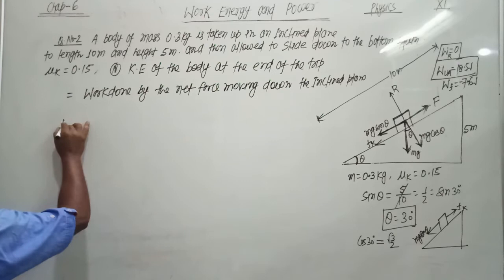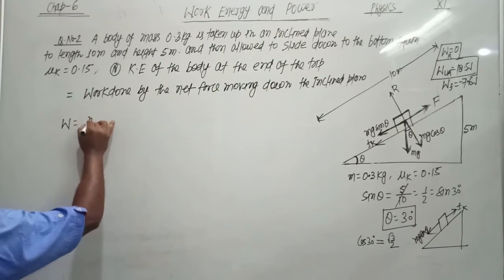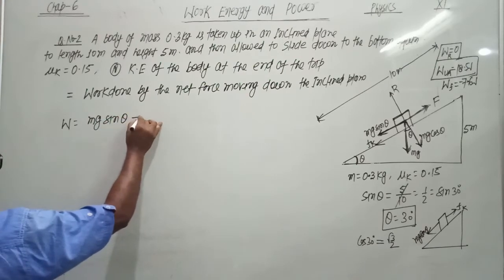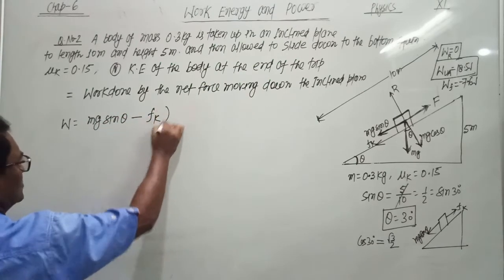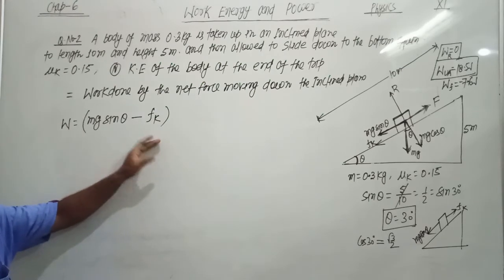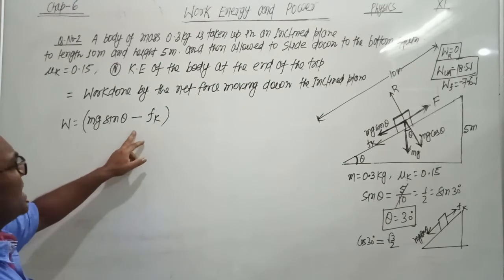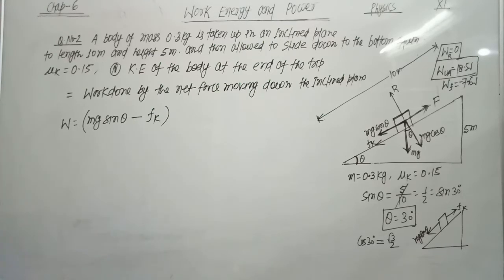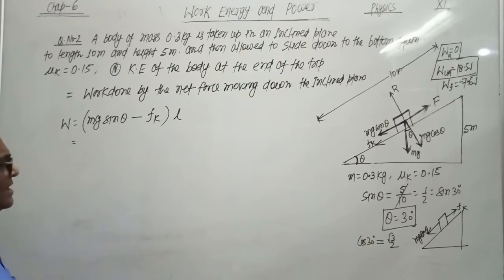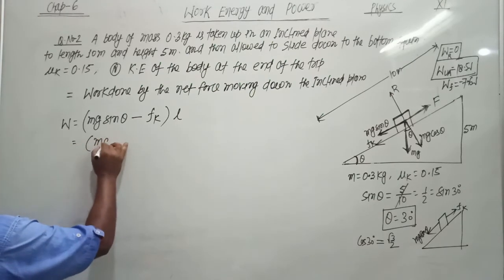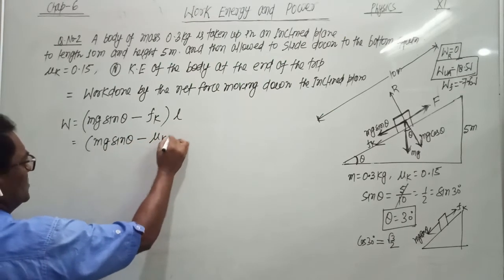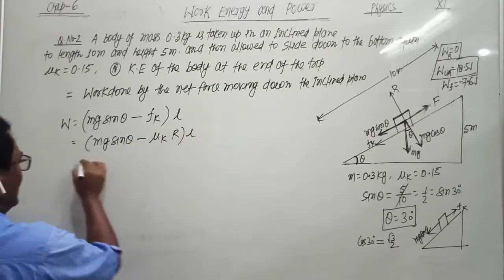So work done equals mg sin theta minus Fk, the resultant force by which the body is going down, into displacement. Displacement means L. So mg sin theta minus Fk, and Fk is written as mu k into R, into L.